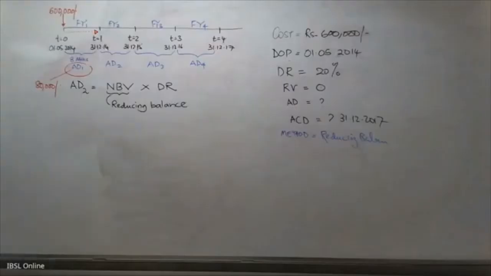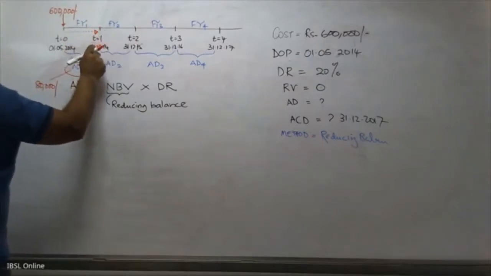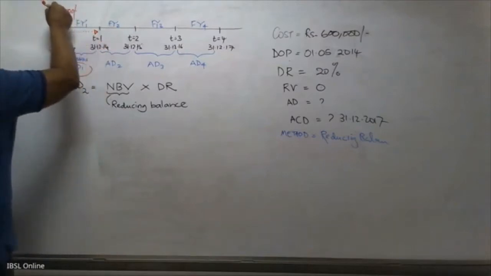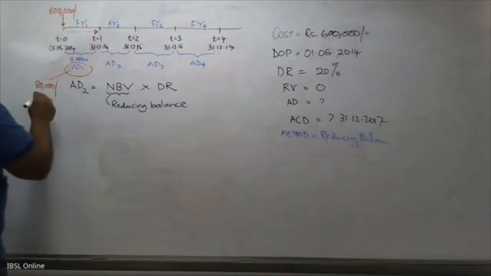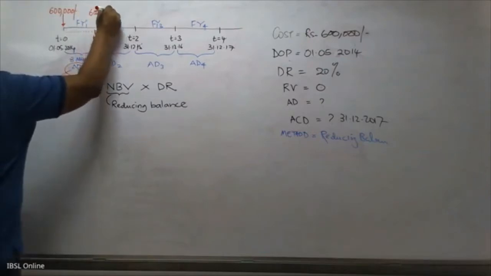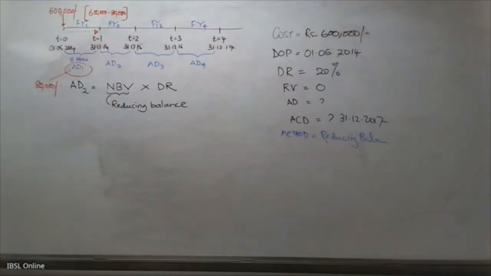Now what they say is when you reach this T equals 1, that is 31st December 2014, your asset is not 600,000 now. If you are using the reducing balance, it is now 600,000 minus 80,000. Do you understand that?